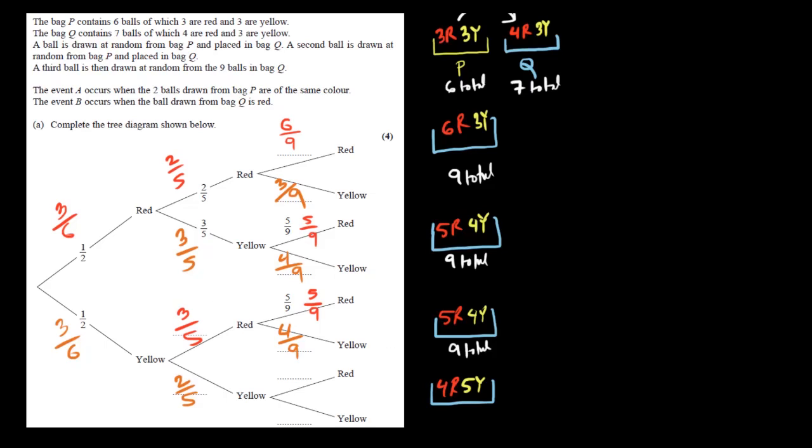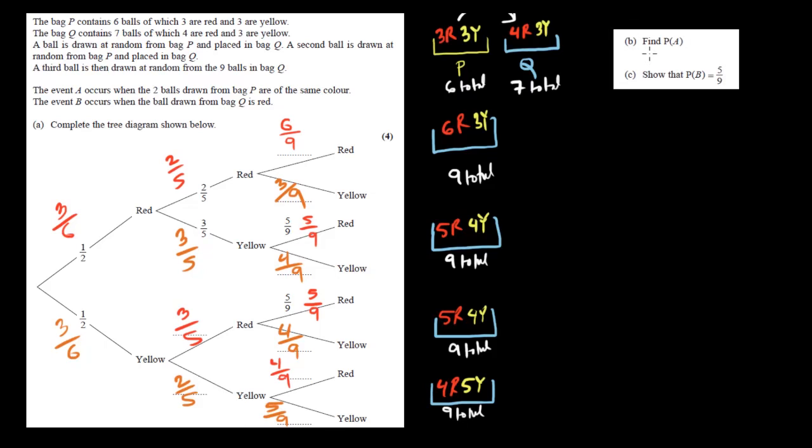So the total is going to be 9. So now we have to find the probability again from taking from this bag only. Now previous things don't matter anymore. So for red, 4 out of 9. And the probability of yellow is going to be 5 out of 9.